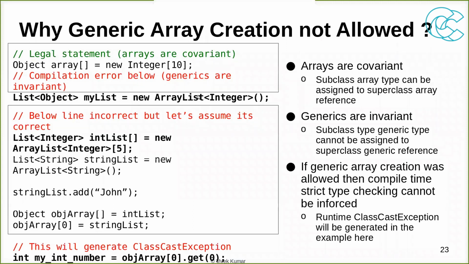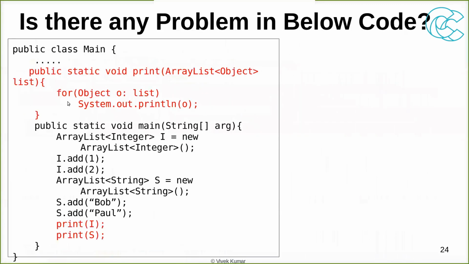If generics are involved, like in this case, list is a generic type, meaning any type can go in here. So if generics are involved, you cannot create an instance where on the right hand side the type is a subtype of the left hand side. Integer is a subtype of object here. So that's why there's an error.